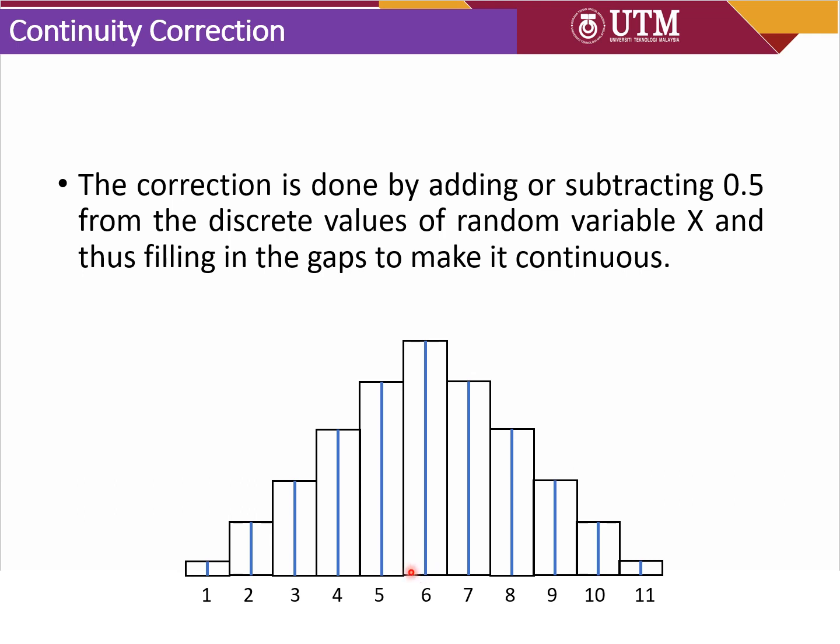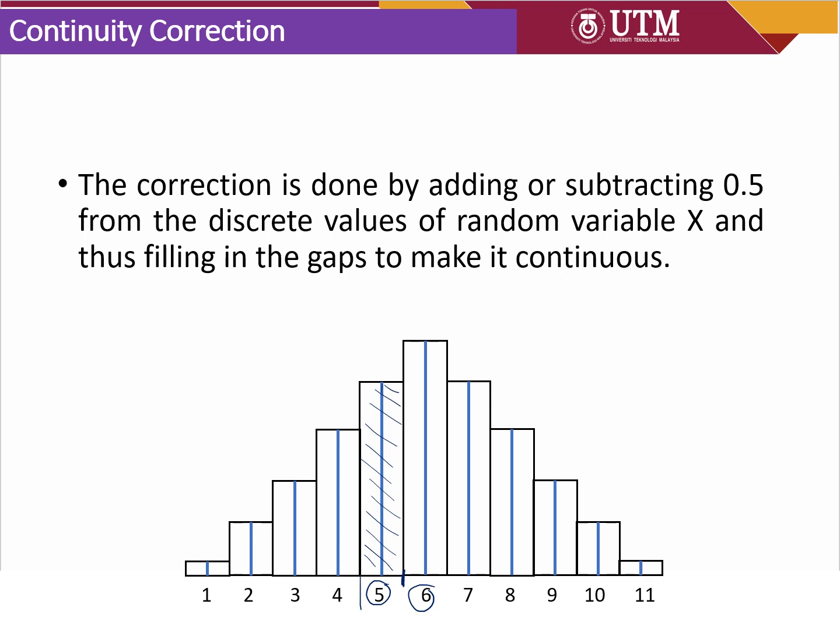We can apply the normal approximation if we add or subtract 0.5 from these discrete values. Now we create a box here. Instead of just a straight line, we create a box that represents the value, just like a histogram. For this box, we know the upper and lower boundary.